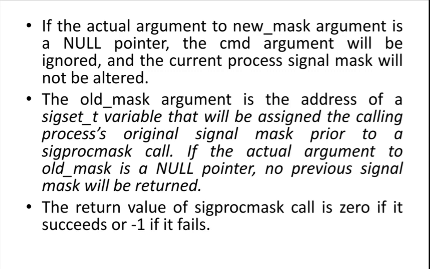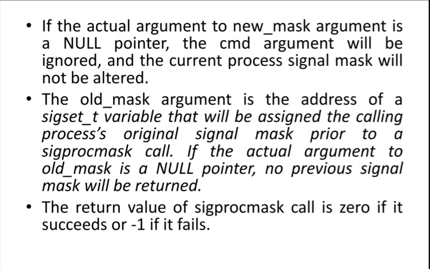It is the original signal mask. If you want to replace it, you can replace it using a new mask argument. You know that, right? Before the sigprocmask call means once you call the sigprocmask call, you can alter your signal mask, right? Before the sigprocmask call, that is the old signal mask.